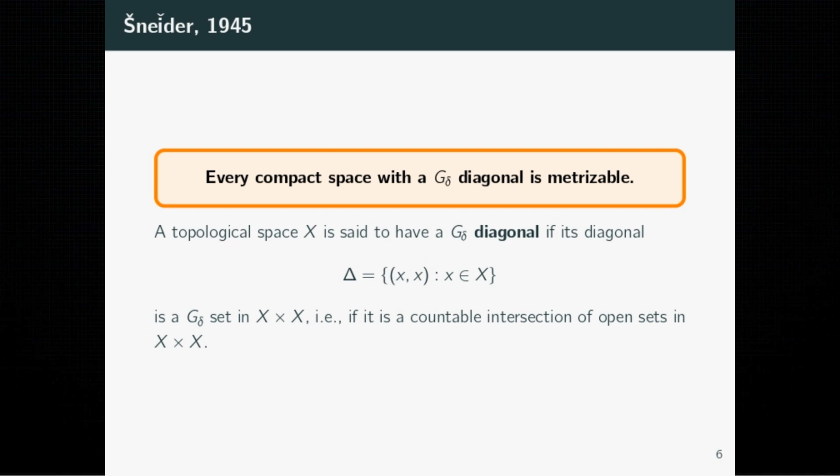And here you need to recall that a topological space is said to have a G delta diagonal if its diagonal, which is defined like that, is a G delta set, which means that it is a countable intersection of open sets.